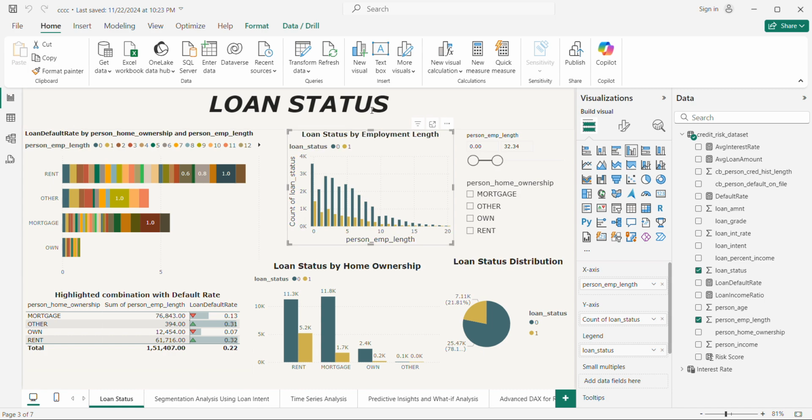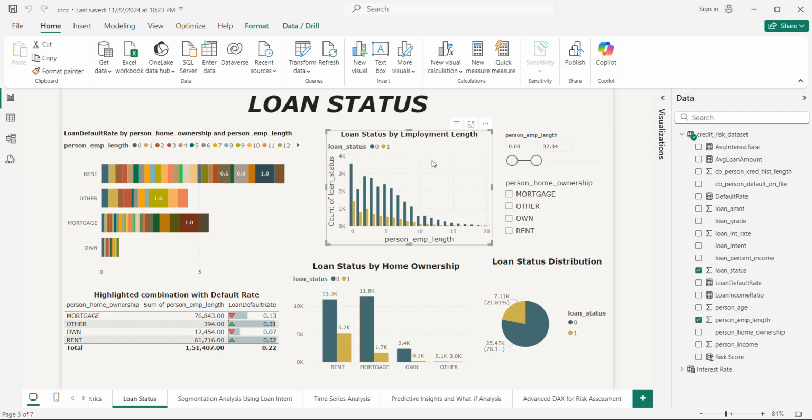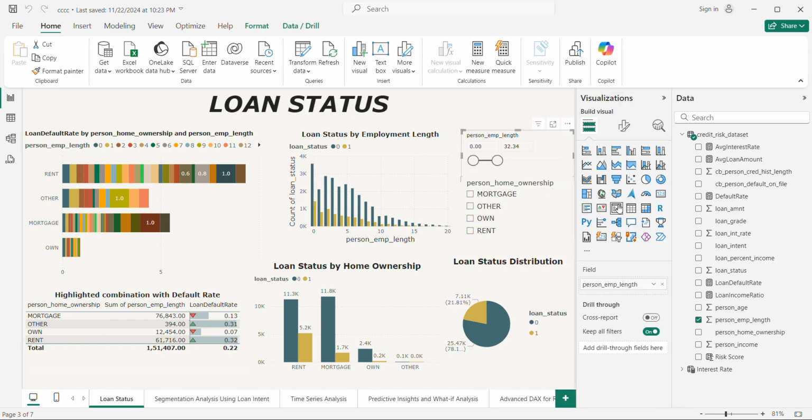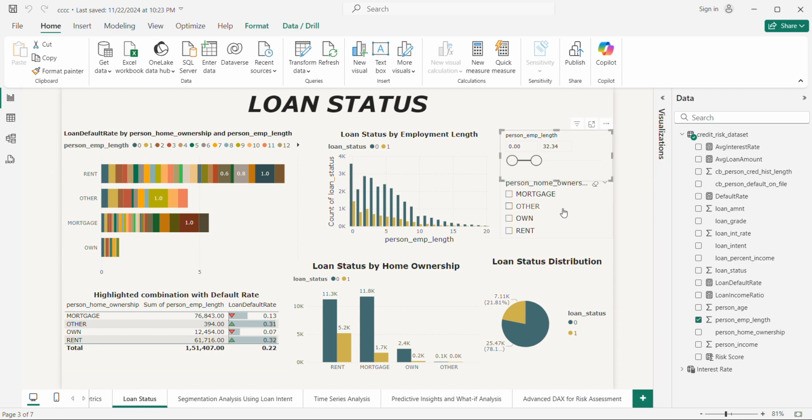Loan status is the legend, where zero indicates no loan default and one indicates default. Based on the employment length, there are two slicers present, of person employment length and person home ownership.